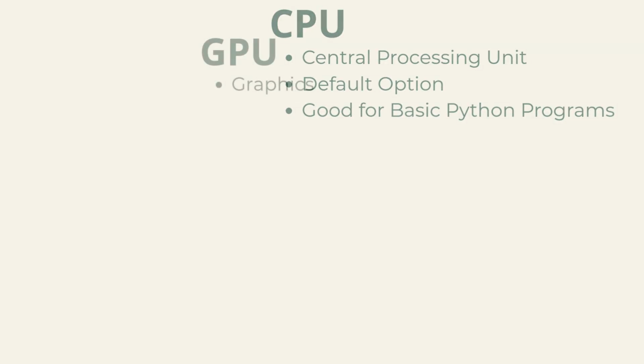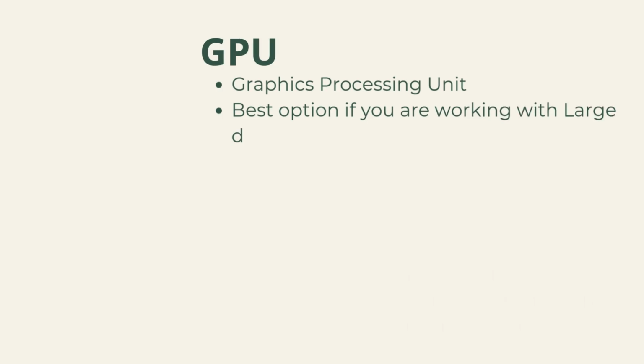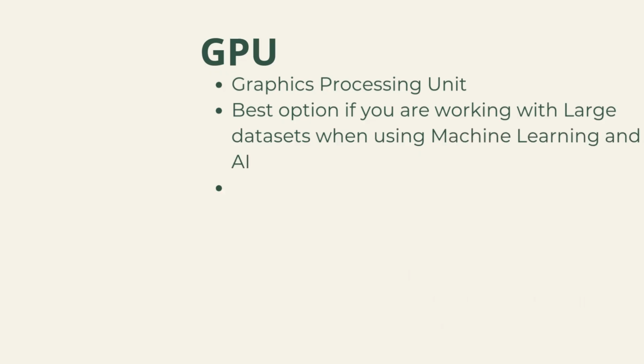The next option is GPU, which is called Graphics Processing Unit. If you're working with large data sets or training machine learning and AI models, GPUs are your best friends. They can speed up your code by 10 to 50 times. For example, something that takes 6 hours on CPU might only take 15 minutes on a GPU.